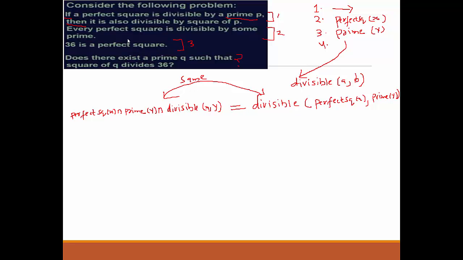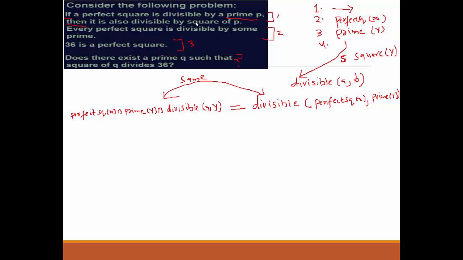But what here is given is that if a perfect square is divisible by prime p, then it's also divisible by square of p. So we have another thing here, which is square of p. So for prime p we used y, so here also we are going to use y. Now let's try to write this complete statement.